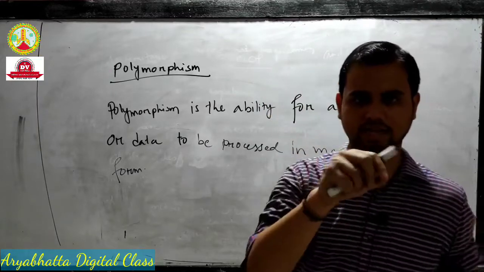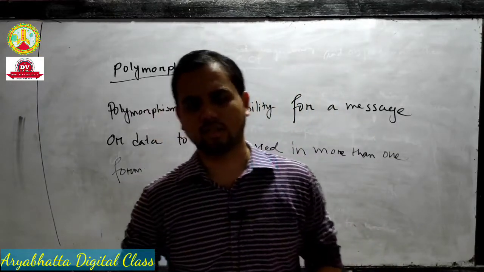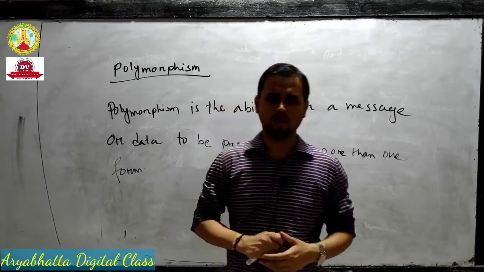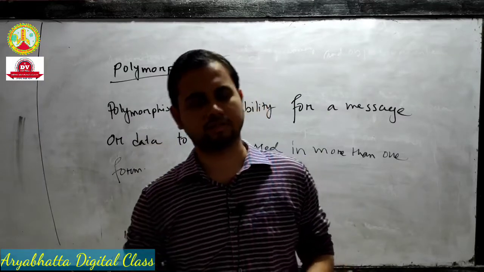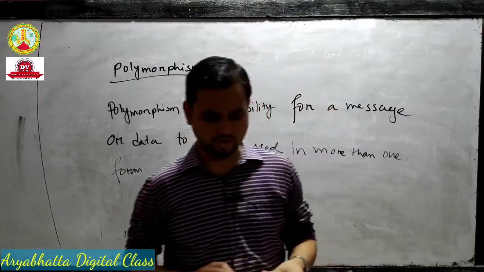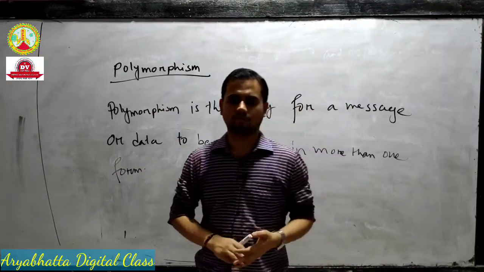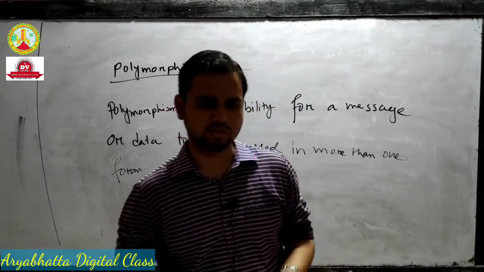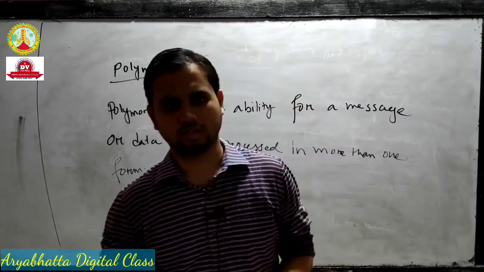Suppose the area of shape is different: rectangle is different, trapezium is also different, but the main function is shape. In the shape function, if you define a rectangle, its area is different; if you define a circle, its area is different; if you define a square, its area is different.